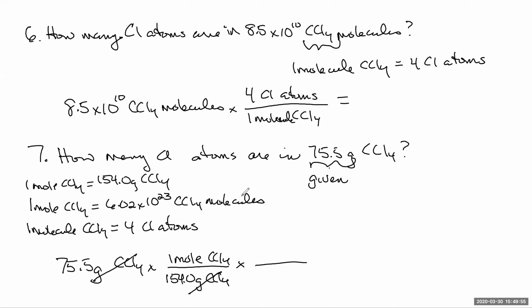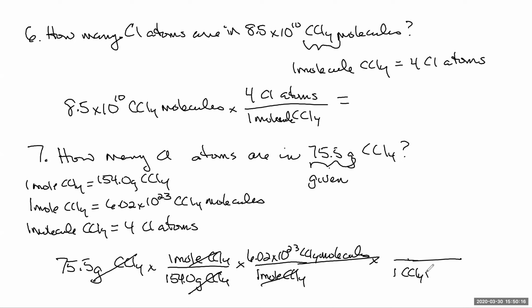My second conversion or equivalent statement has moles in it, and I want to put moles on the bottom so that they will cancel. Now moles of carbon tetrachloride will cancel. And finally, I can use my third one that tells me that one CCl4 molecule has in it 4 chlorine atoms to get to my answer.